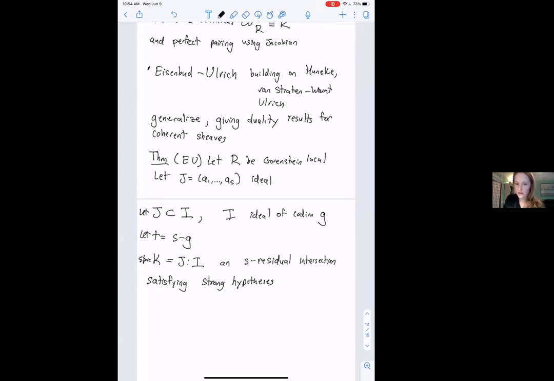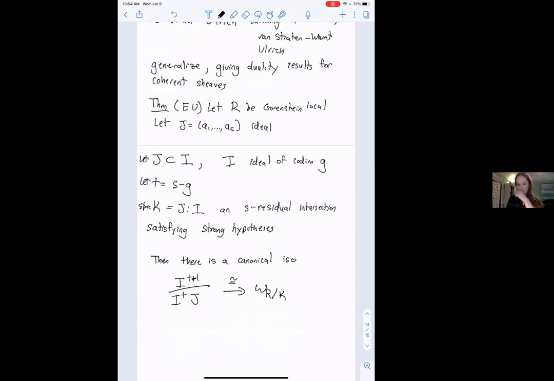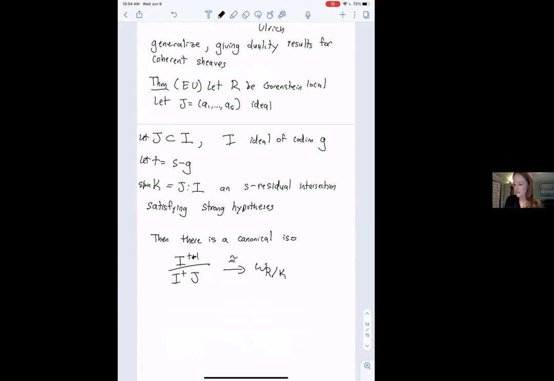So then there's a canonical isomorphism from the T plus first power of I over I^T J to the canonical sheaf of K. And T equals 0 recovers the LCI case.